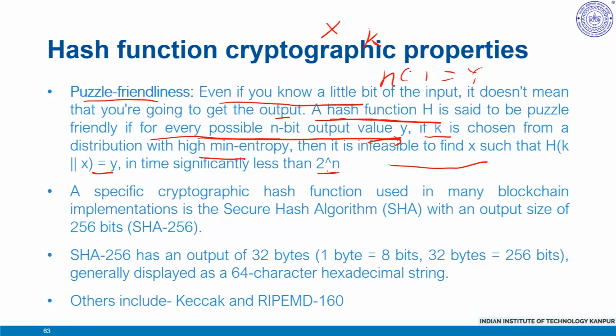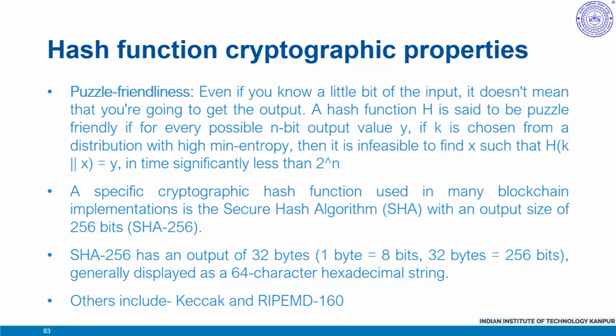Now the non-mathematical interpretation is more intuitive. If I take this hash function as a puzzle, then solving that puzzle is more convenient than randomly guessing the values for the remaining part. Out of the entire x input, I know k part of it. The remaining part I am randomly guessing and putting in to find the x which produces this y through the hashing.